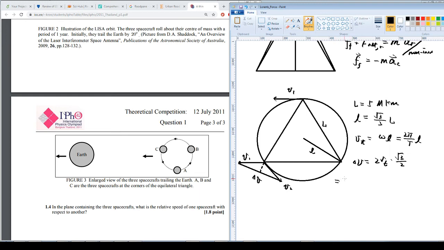Okay, then we plug in everything. 2 pi over T times l, which is root 3 over 3 capital L, times root 3 over 2. All the root 3 cancels out. One of the 2 cancels out. So it's just 2 pi capital L over T.